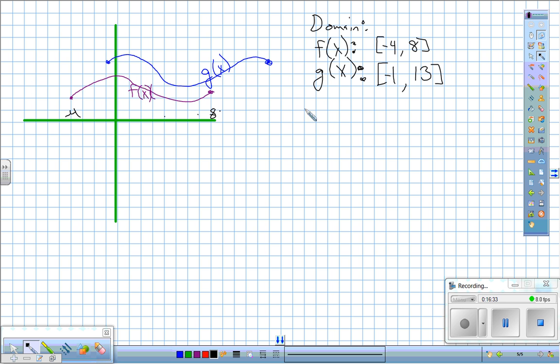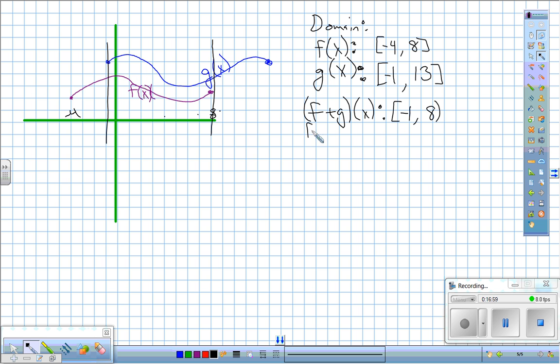Okay. The domain of f plus g of x is the intersection of these numbers. So basically from right here to right here. And that's what it's going to be for f times g and f minus g of x. So my intersection here is -1 to 8.